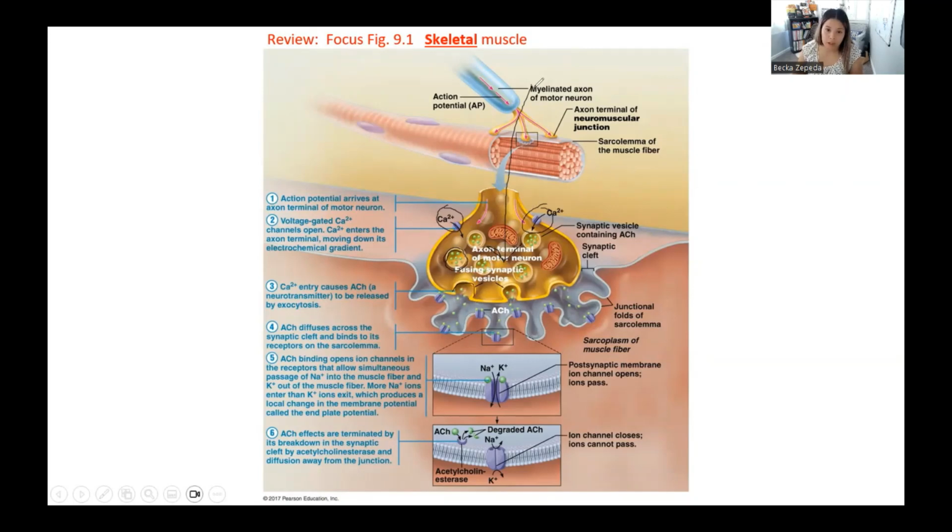Okay, so again, action potential arises at the axon terminal. Calcium is then triggered to be released into that axon terminal. That calcium is going to trigger these vesicles to move towards the plasma membrane, to then release the neurotransmitter acetylcholine into the synaptic cleft. Okay, from then, the acetylcholine is going to bind to ligand-gated channels or chemically gated channels. You can call it either one, but once it binds, it's going to allow sodium to start leaking into the muscle cell.